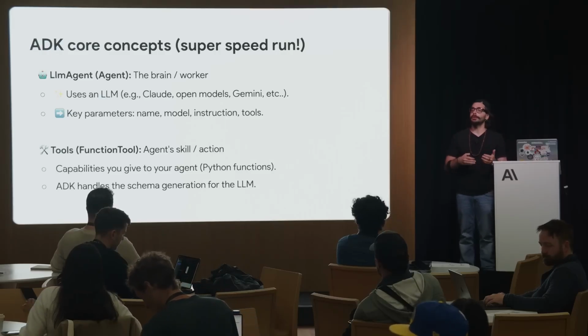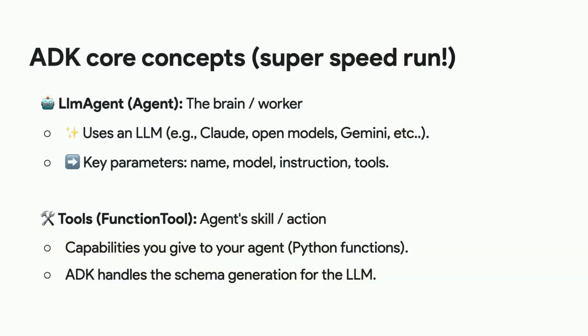In order to build an agent with the Agent Development Kit, first of all, it provides several types of agents that you can use. It has some pre-built agentic patterns, including sequential agents. But the simplest pattern is the one that we use with the LLM agent, which essentially uses just an LLM to build the agent.